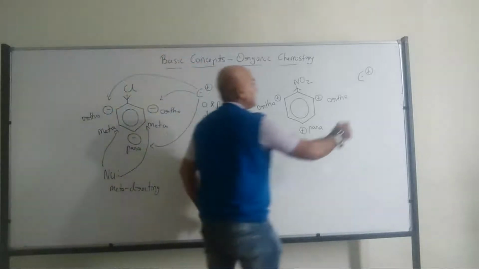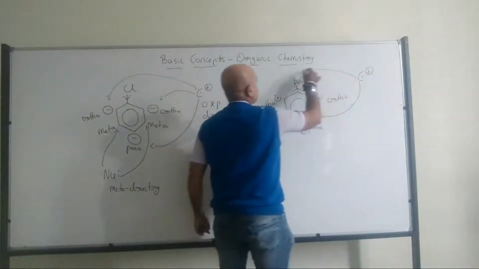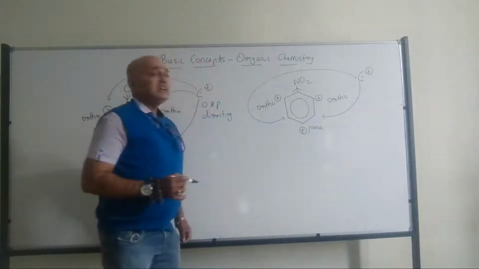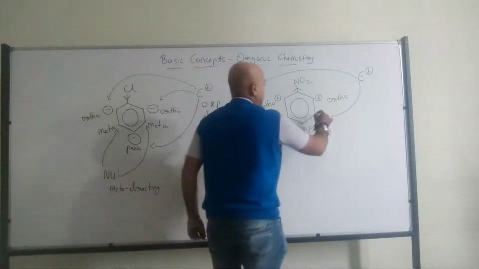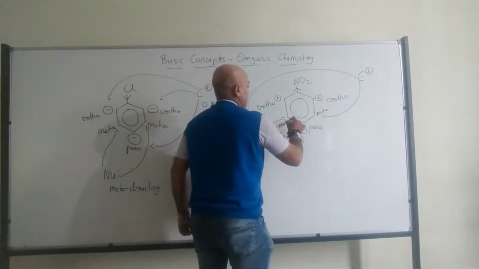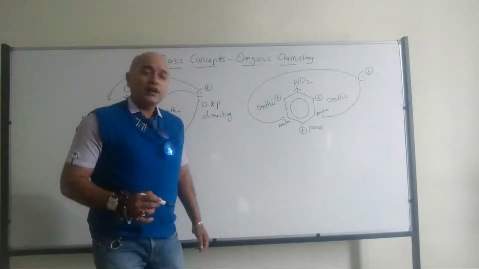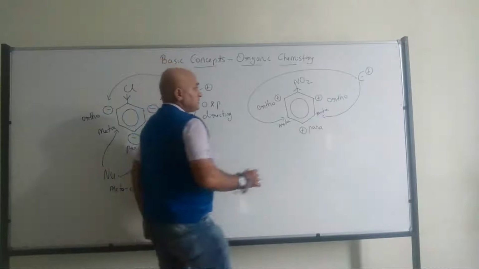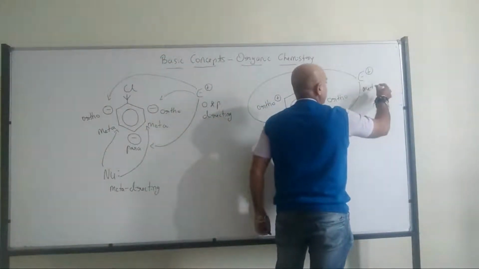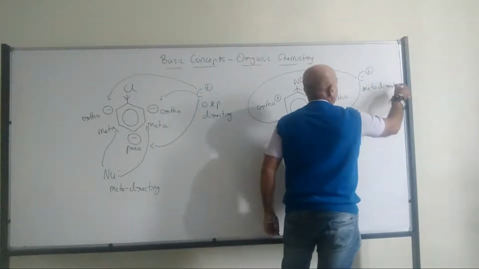They are going to attack those regions where deficiency of electron is not there. So electrophiles are going to attack the meta positions. Therefore, in case of negative resonance, they will be meta-directing.